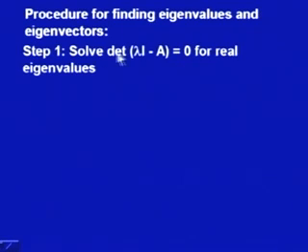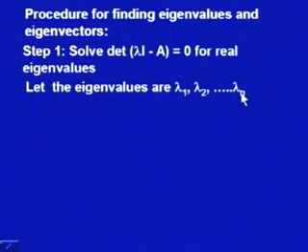As I told you, this is a polynomial of degree n, so solving this equation means finding the roots, and depending upon the value of n we will have a number of eigenvalues. Let us say the eigenvalues are lambda 1, lambda 2, ..., lambda n. For A to be an n by n matrix, it has to have n roots. Some of them may be repeated, but the total number of roots will be n.